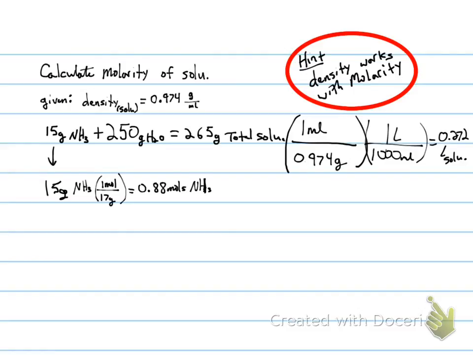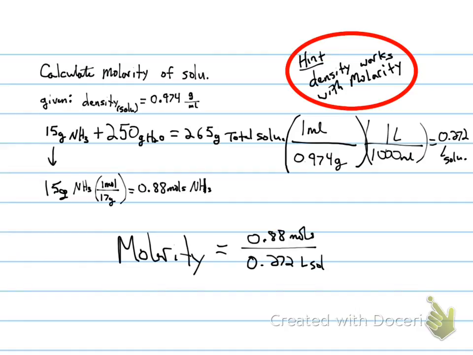So I have moles and I have liters. So let's use both of those to find molarity. It's going to give me about 3.24 molar.